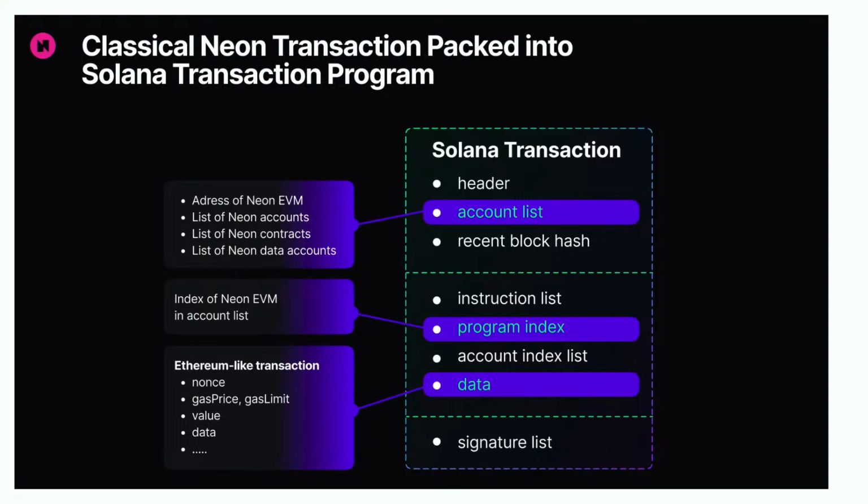This is how the whole Solana transaction looks. You have the address of the Neon EVM program, then the list of Neon accounts, contracts, and data accounts in the account list. Then you have the index of the Neon EVM program in the program index. And all the Ethereum-like transaction data, the nonce, gas price, value and data, goes into the data field.